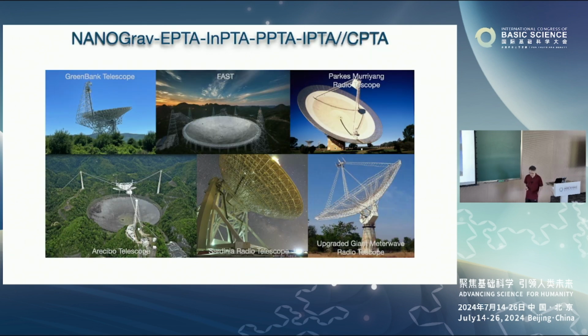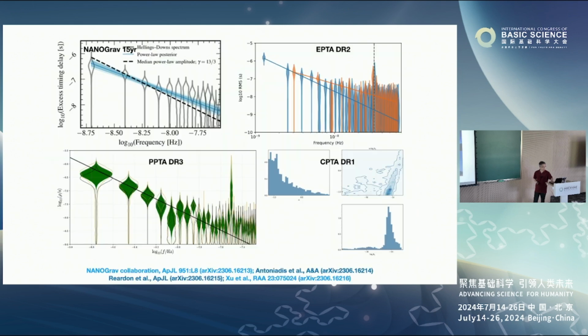So last year, several pulsar timing array collaborations claimed they detected such a correlation. It's mainly from NANOGrav, EPTA, PPTA, and the Chinese Pulsar Timing Array. Let's see what they observed last year. Here we show the spectrum from different PTA collaborations.